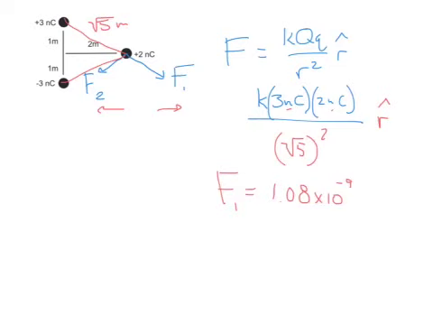So if I do F1 plus F2, because the magnitudes of those two forces are the same and because their i components are in opposite directions, I can say that the i components will just cancel. So when I get F1 plus F2, it's going to be more or less 2 times the j component of each one.